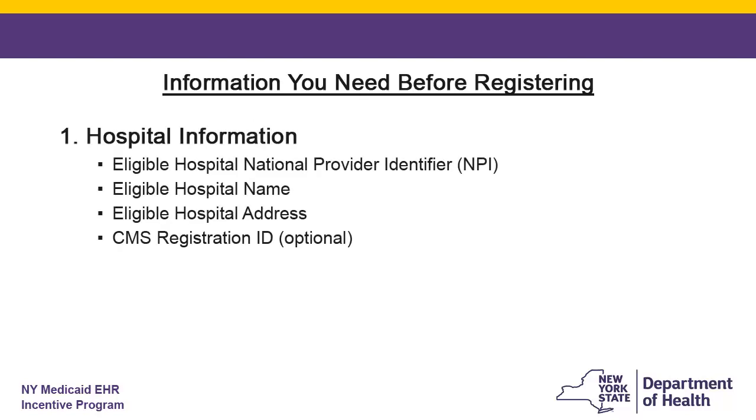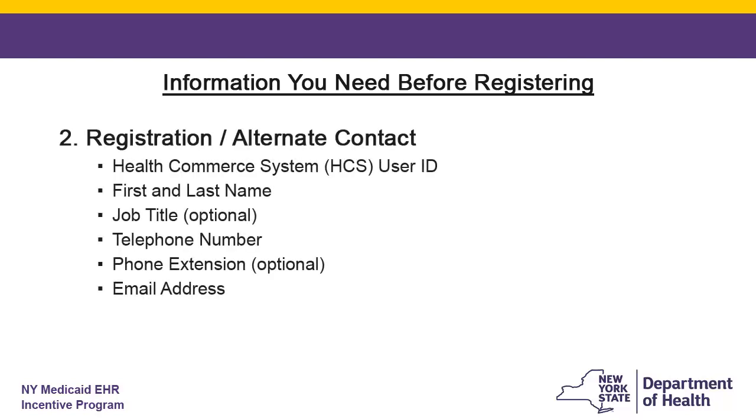Before you begin, there is information you should gather to make the registration process easier. First, you will need hospital information, including the NPI, name, and address. The CMS registration ID is optional. You will also need the HCS user ID for the alternate contact.